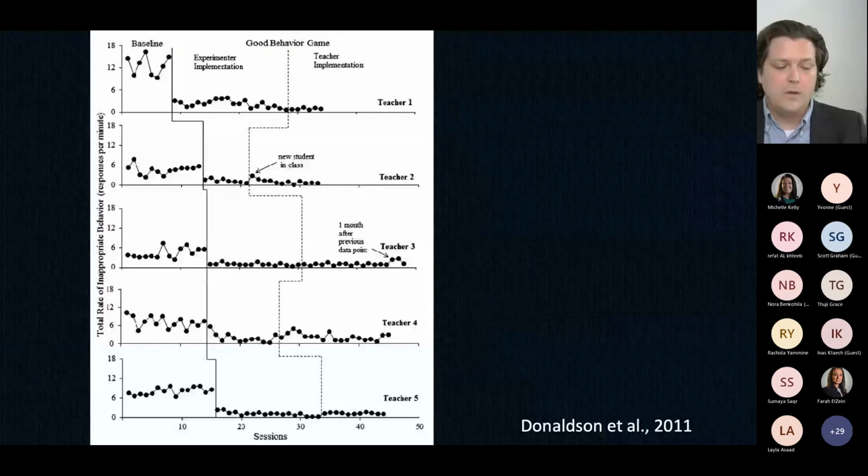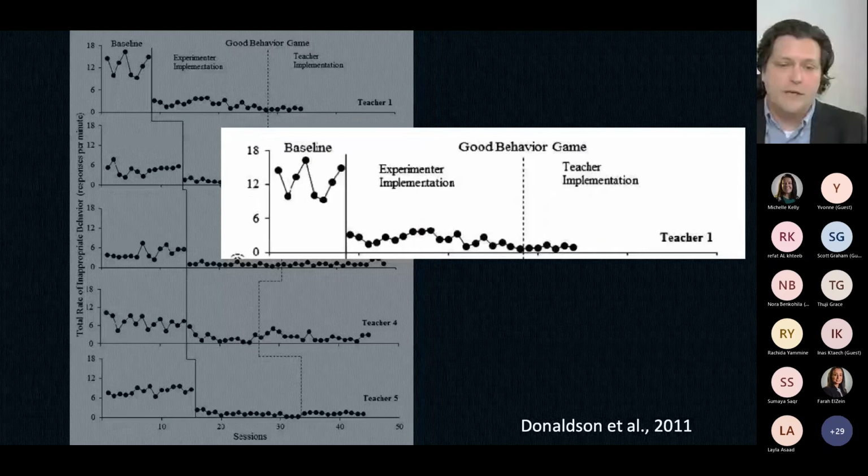And just to give you an example of what this looks like in terms of effects on student behavior, I have here a very classic good behavior game study that was published by Jeannie Donaldson and colleagues in 2011. As you can see, I've zoomed in on one of the panels here.